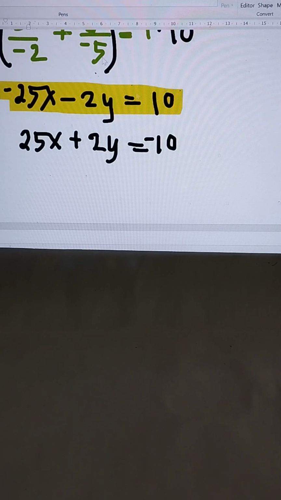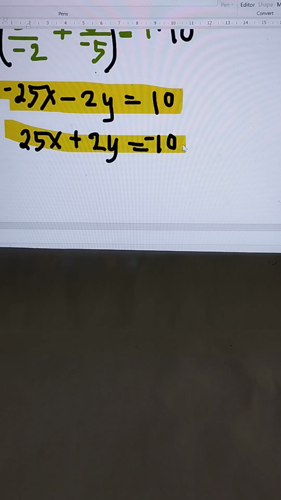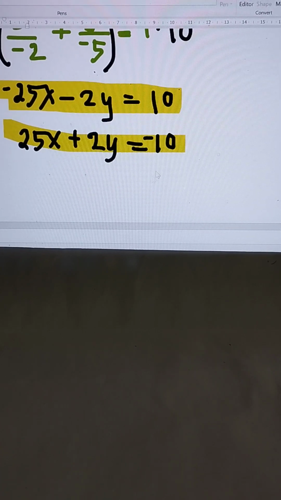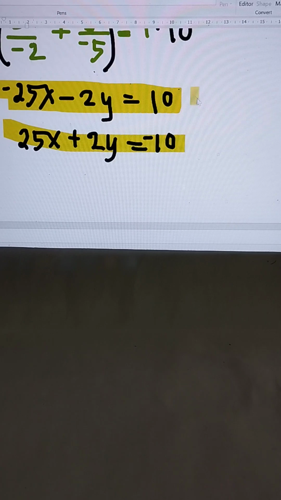So the final equation now is simply 25x plus 2y equal to negative 10. That is the equivalent equation, so any of the two is a final answer.